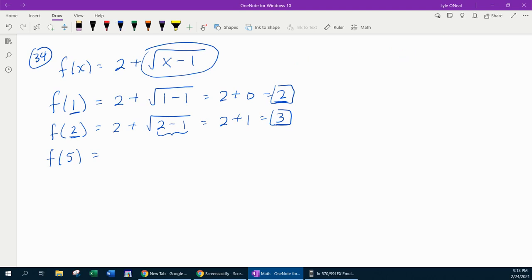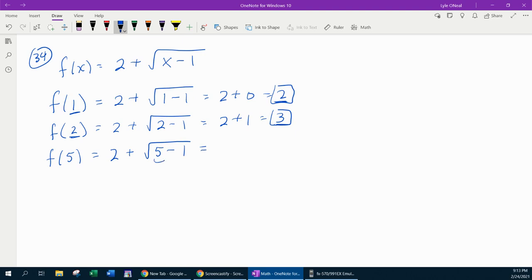So if I think ahead, I come up with 5 as a good next number, because 5 minus 1 is 4, and 4 will square root. So if you're careful and you think ahead, you're going to get nice whole number answers.